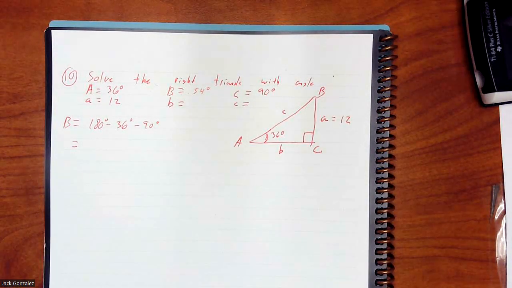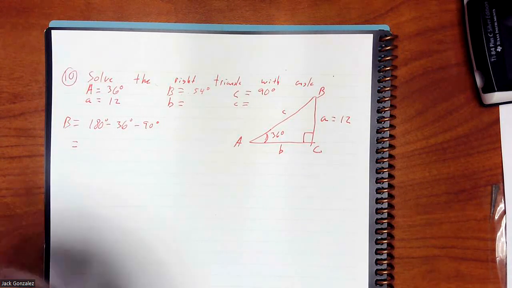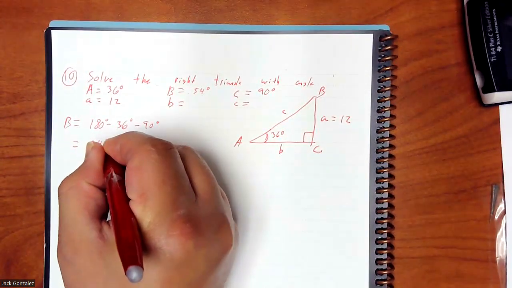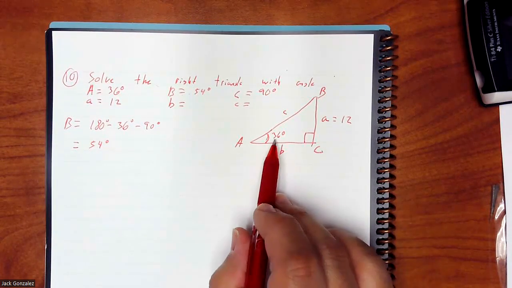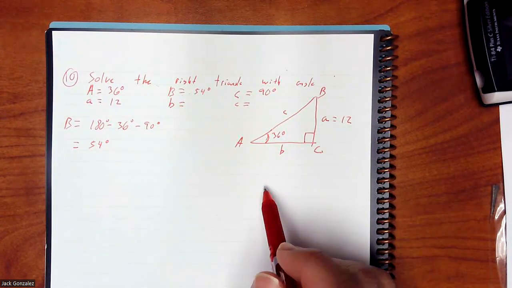So we have 3 angles, we're missing 2 sides. So we have to use the trig functions to help us out. You can choose any trig function you want, just make sure it has an unknown and you're using one of the known angles.